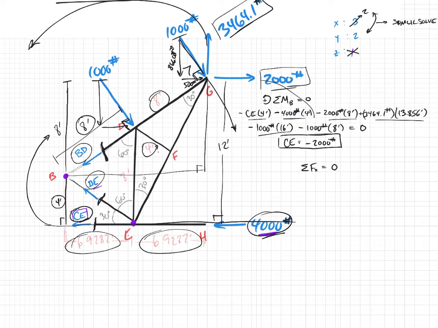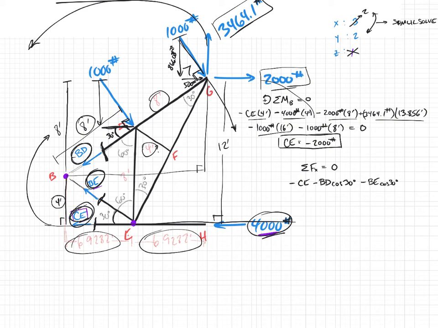Okay, so in the X direction, I've got CE minus CE. I've got BD minus BD times the cosine of, there's a 30-degree angle for that one right here. This is getting really messy. Okay, minus BE, which has its 30 degrees. All right, so that's both of these two. Those are our 2 unknowns.